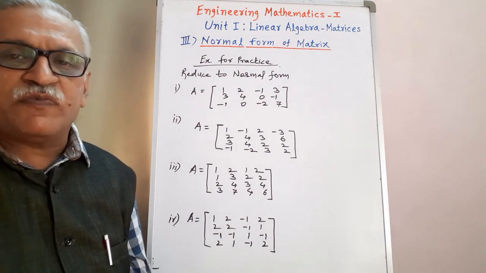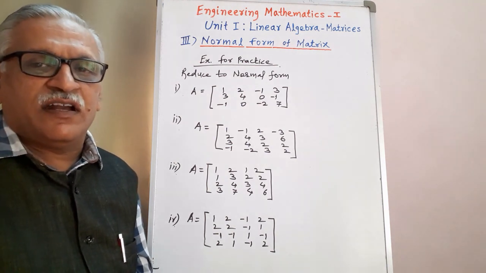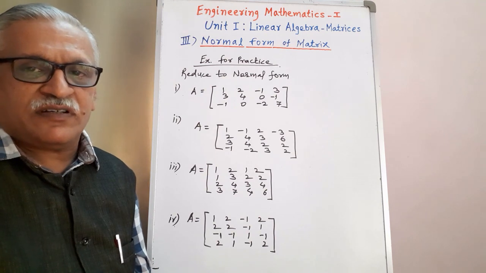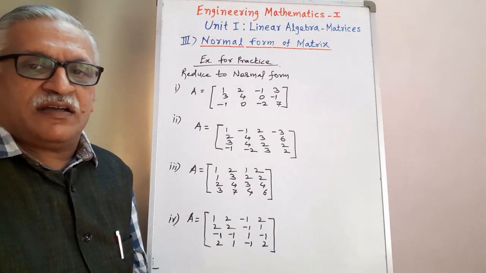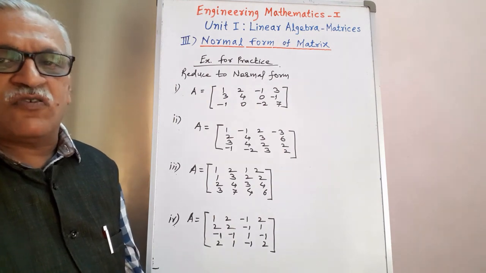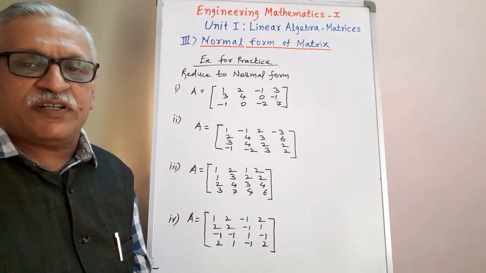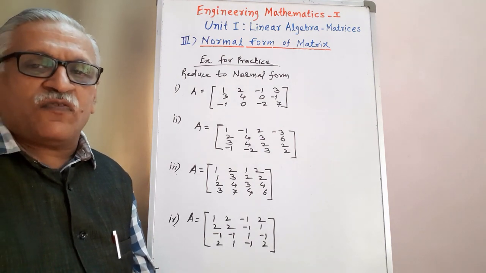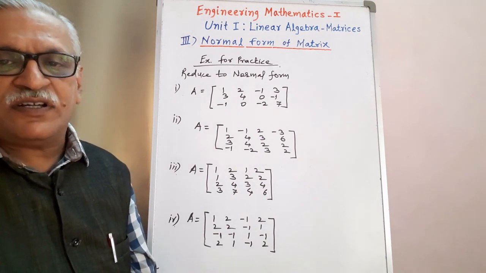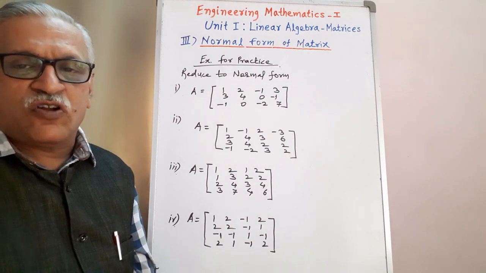Therefore, all of you must be perfect in these elementary transformations. In my next lecture, I will explain another important point, that is the solution of linear simultaneous equations of type first, non-homogeneous.